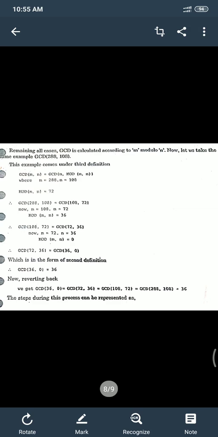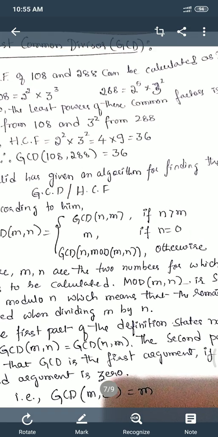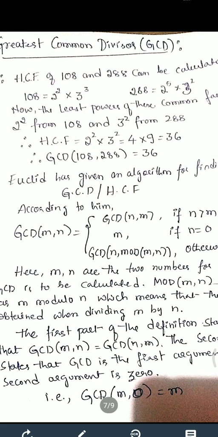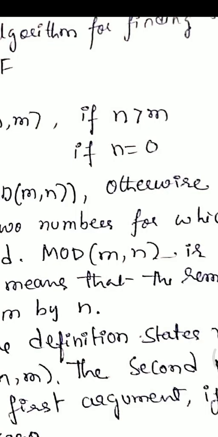You could see that in the general form the third definition applies, because n is not greater than m. Here 288 is greater than 108. So mod of m comma n equals 72.